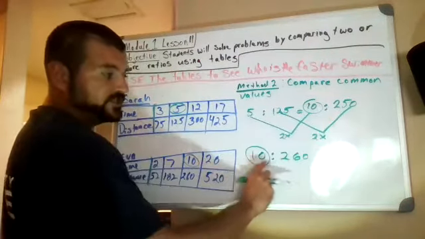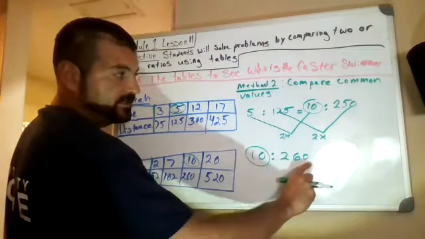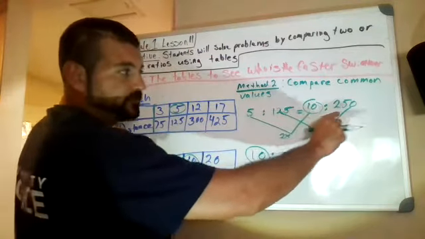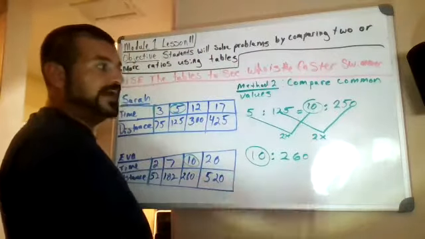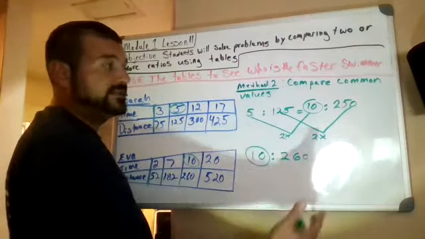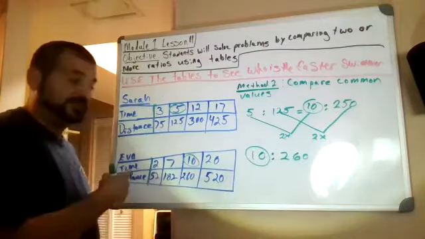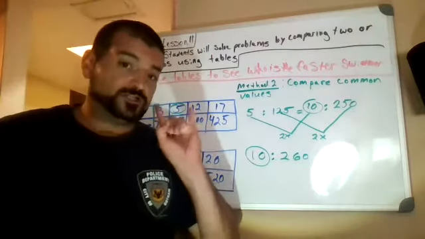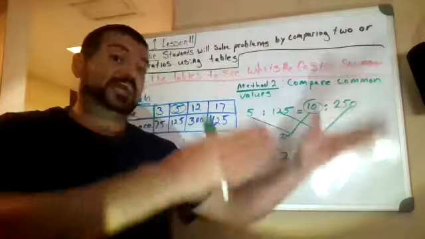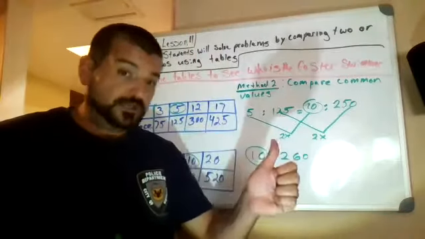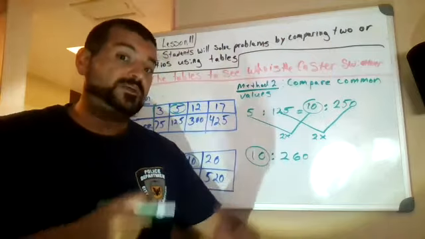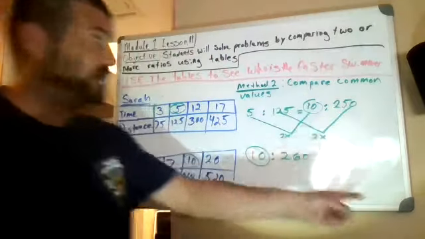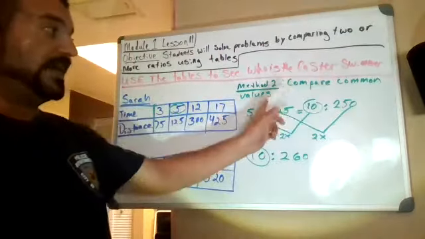In 10 minutes, she went 260 meters. In 10 minutes, she went 250 meters. Who went farther in the same amount of time? It was Ava. So now we have proved it 2 ways. We scaled down to the unit ratio, and now we scaled up to find a common value.